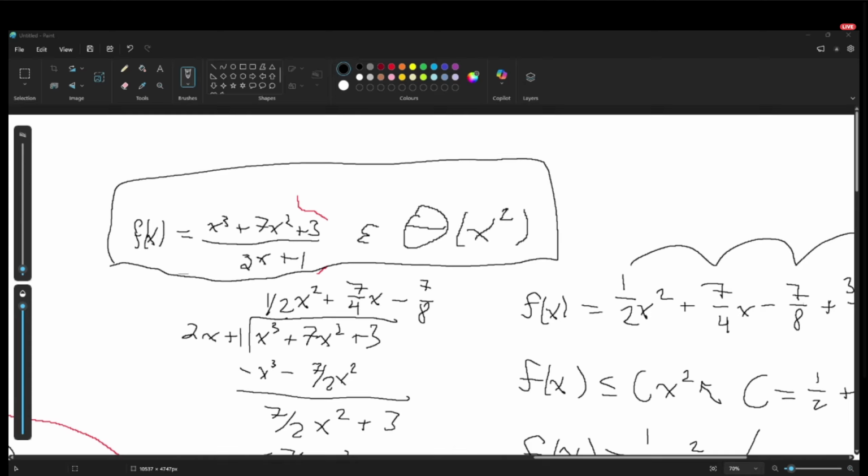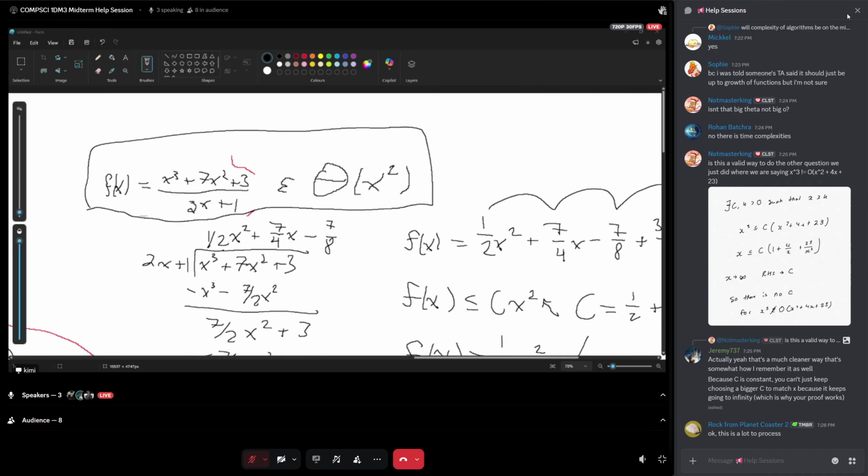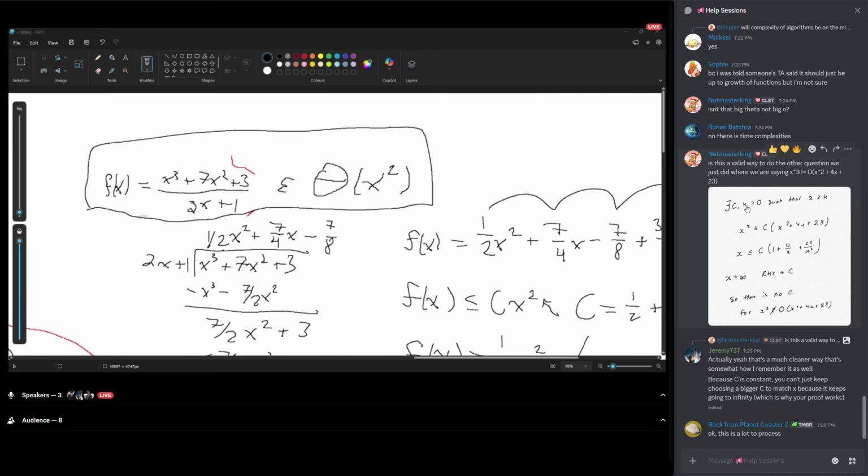Honestly, I'm looking at the proof too, and that's fine. I remember doing it as well. It was much easier to just use limits. Well, not like whenever.